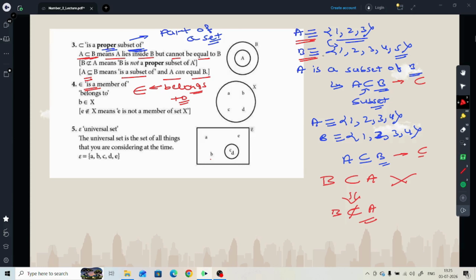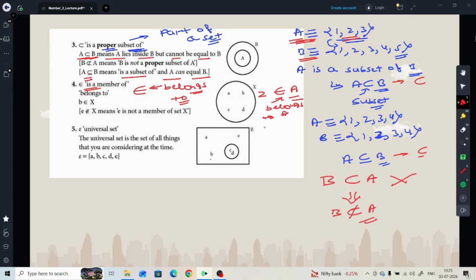Here, let's say A has elements 1, 2, 3. So we can say one thing from here, that 2 belongs to A. What does it mean? That 2 is actually a part of A. So we can write this symbol over here, belongs to.